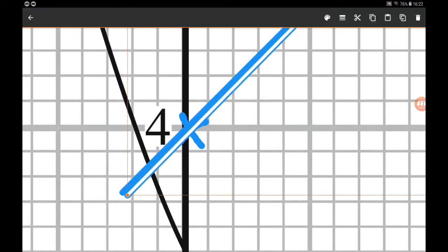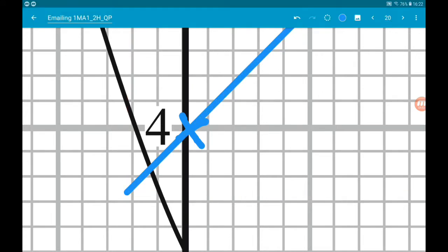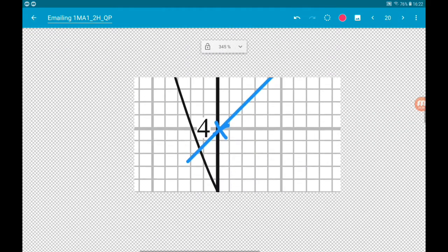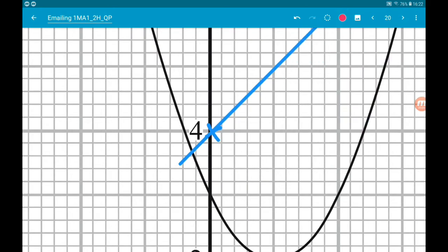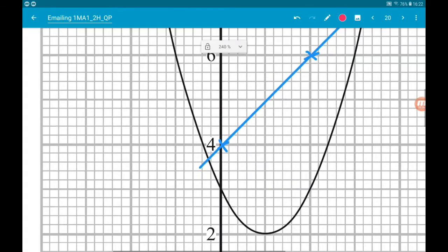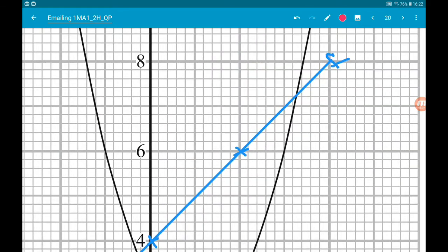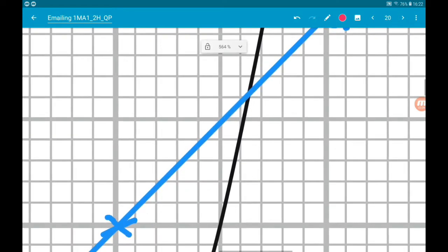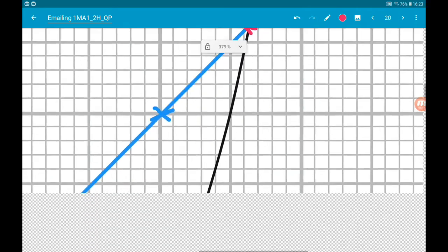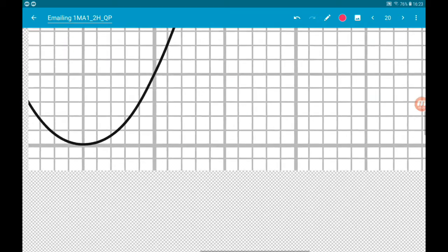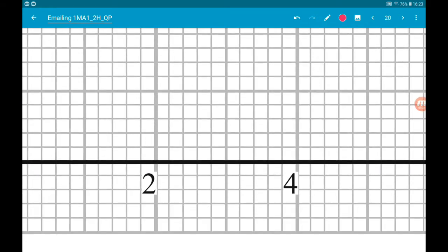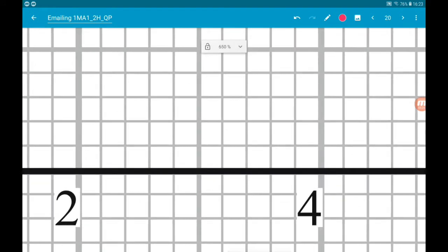Okay, so that looks pretty good. So, again, the solutions are the x coordinates of where the blue line meets our curve. So we got this one here. Now if we go down, we can see that would be, well, it was about there.